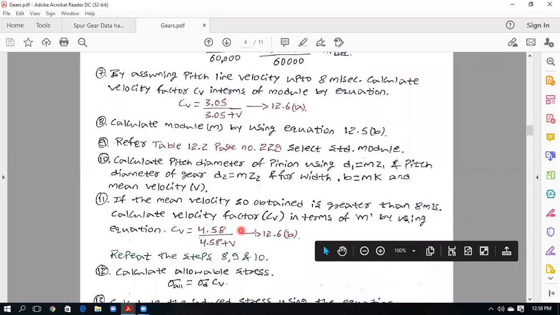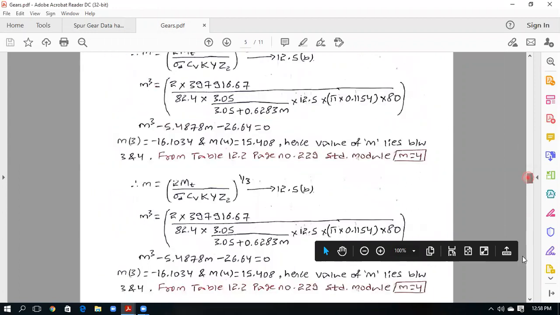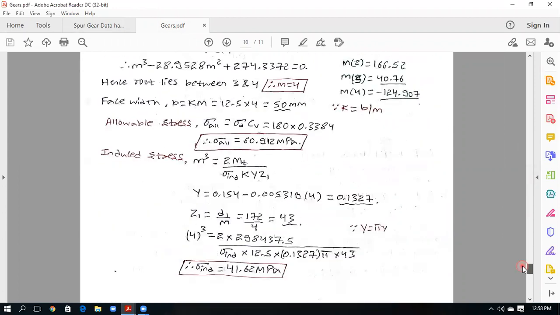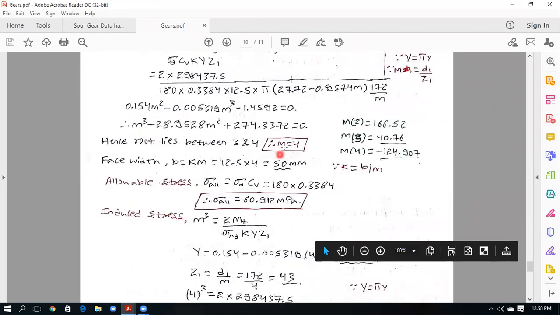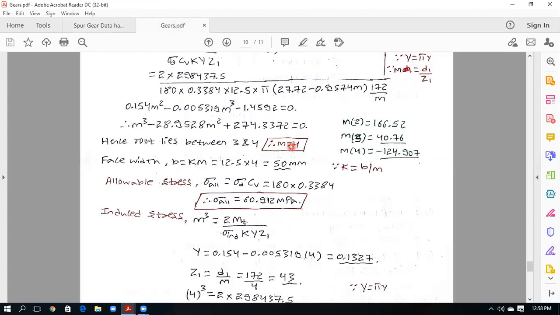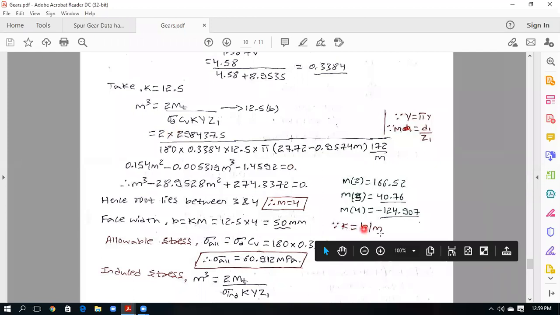Once you get the module, next we know that this k is nothing but face width divided by module.